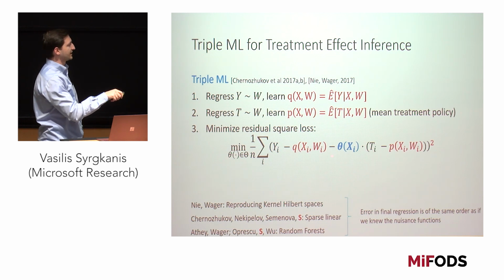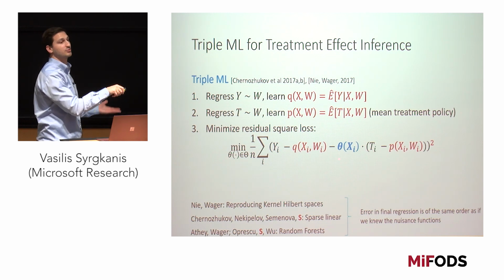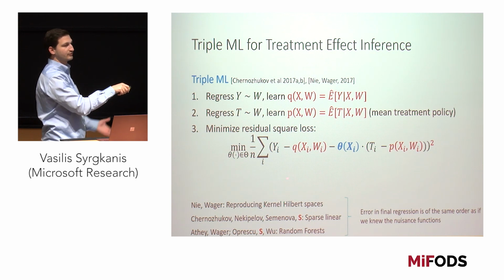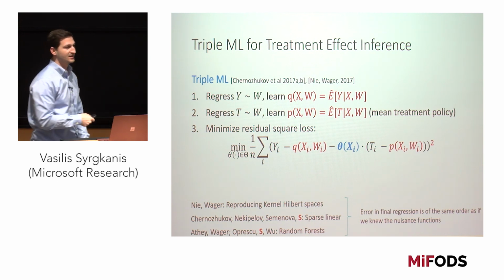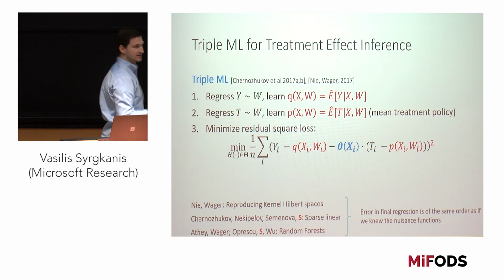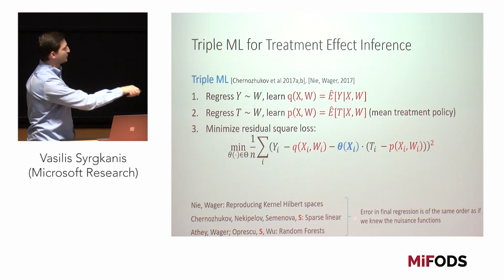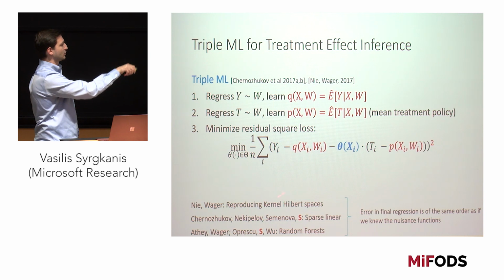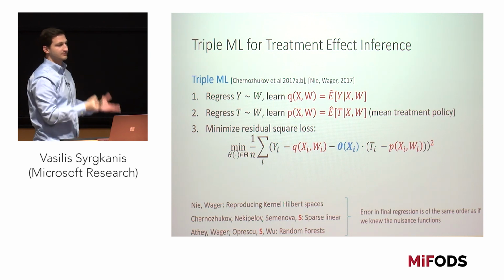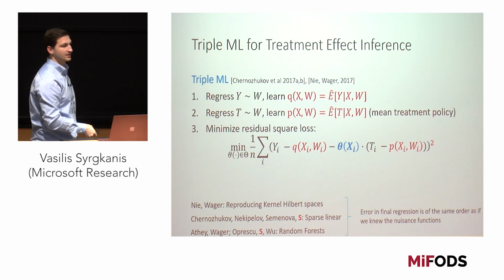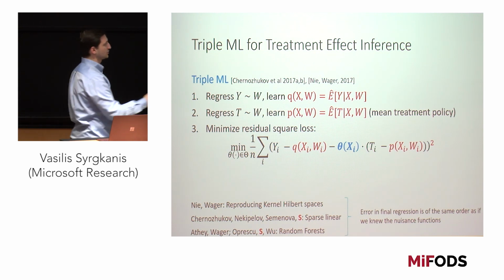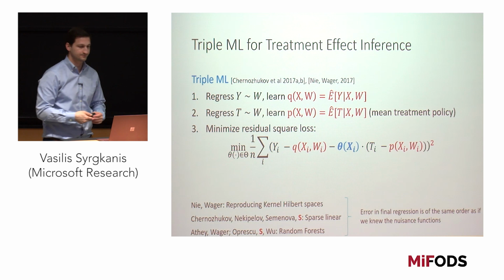So maybe you believe that the heterogeneous effect is a sparse linear function, but maybe the confounding effect is a denser function. So you're still going to get an improvement here. This was also one motivating example in this paper. We're saying, maybe everything is high-dimensional linear, but maybe the heterogeneous effect is a simpler function to learn. It has fewer non-zero coefficients, and so you get a benefit from doing this.